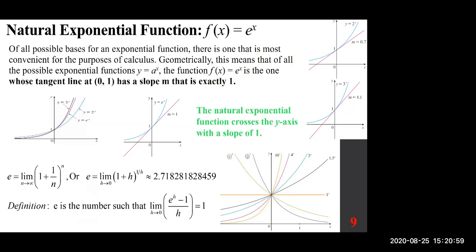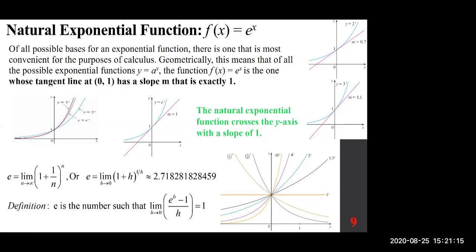Now, as far as the definition, one of these definitions we've done in algebra, and one of them requires calculus for the proof. We are going to revisit this, and I'm going to go over the proof of these definitions.